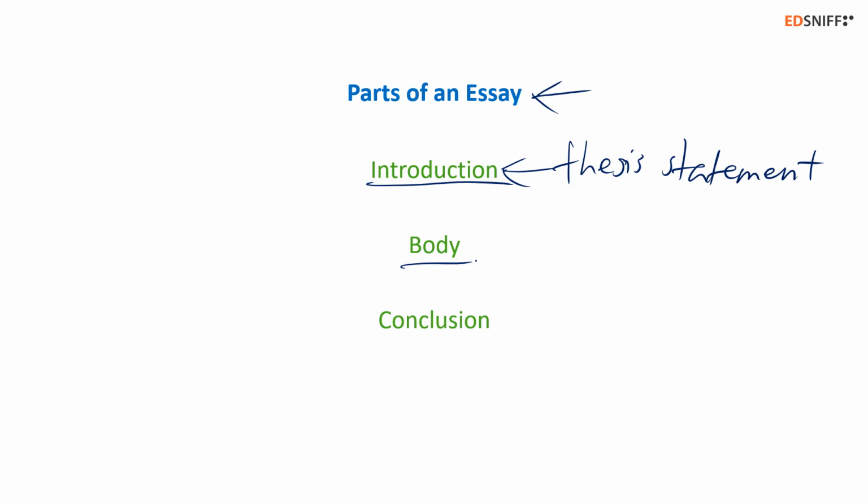Anyway, each body paragraph should have a good and clear topic sentence to help guide the reader. And lastly, we have the conclusion. This is usually 1 paragraph long. Like the introduction, it summarizes the body paragraphs and helps conclude the essay. So these are the 3 main parts of any essay.